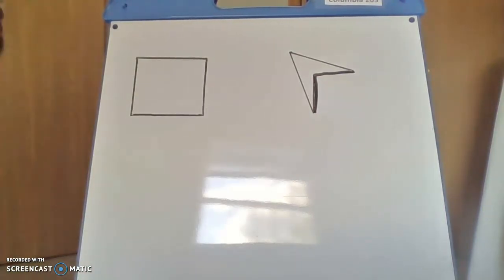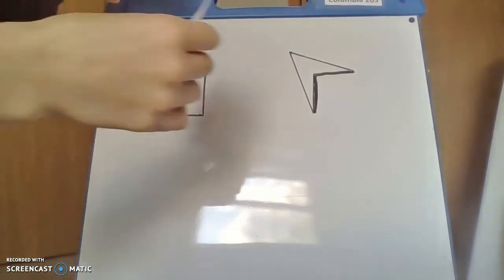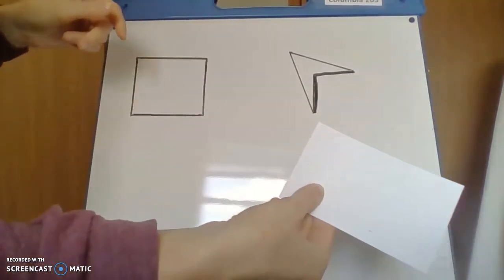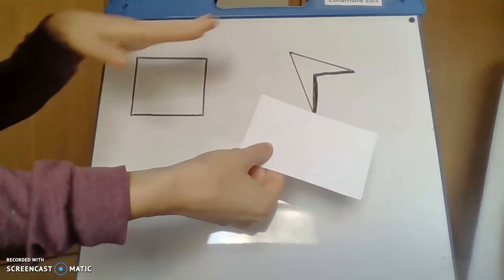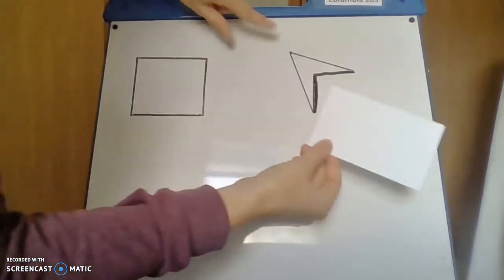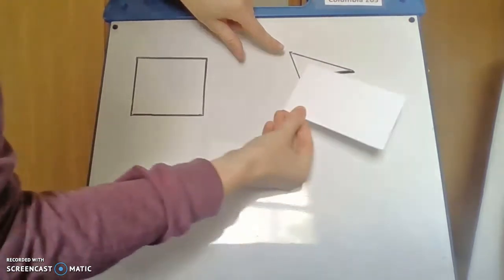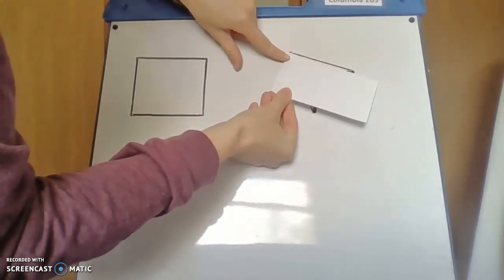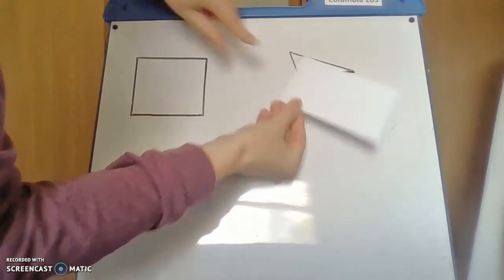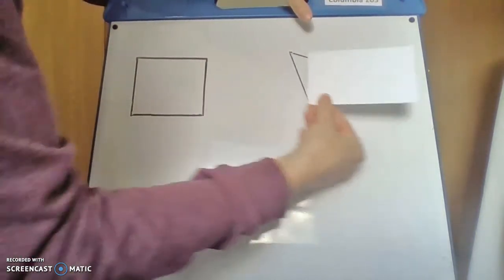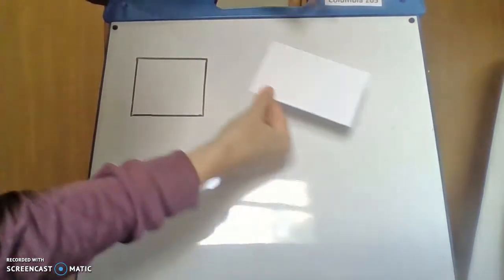Now, if I go over here to this shape and I try to put my flashcard into this shape, let's see what happens. So I'm going to try to line it up. Try to move it around, see if I can get it to fit. Do you see how it's not lining up? No matter how I put it, it's not fitting.